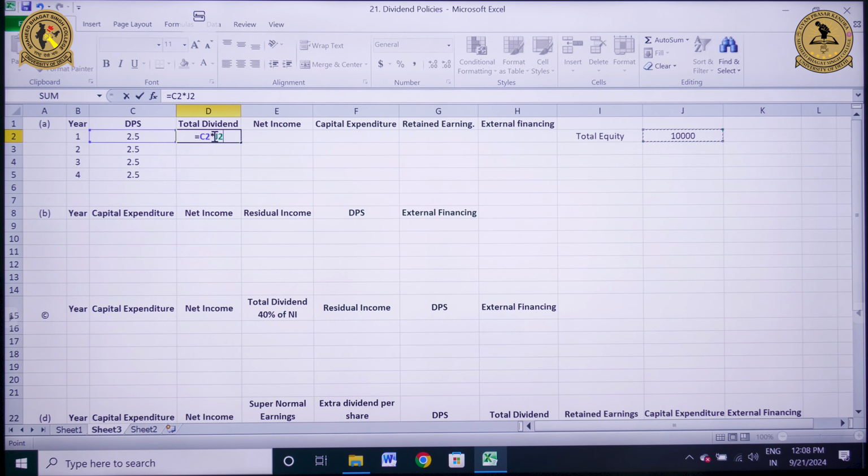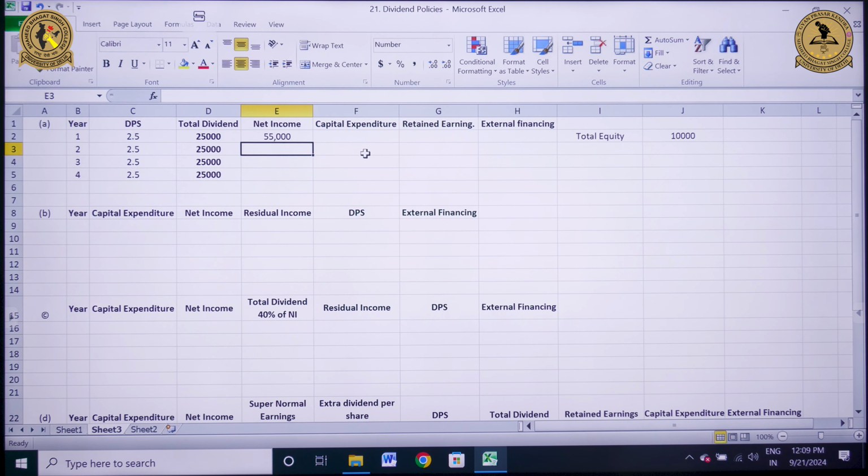Now I know my total equity shares will remain the same in all the subsequent years. So let me fix it. So my total dividend comes out to be rupees 25,000 each in all the 4 years. Now the net income is already given.